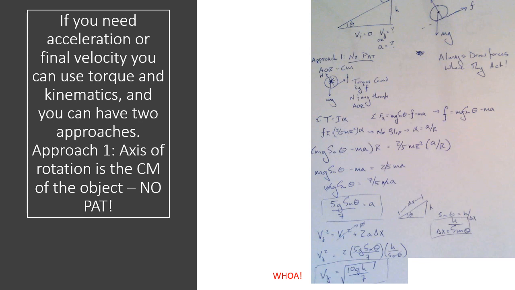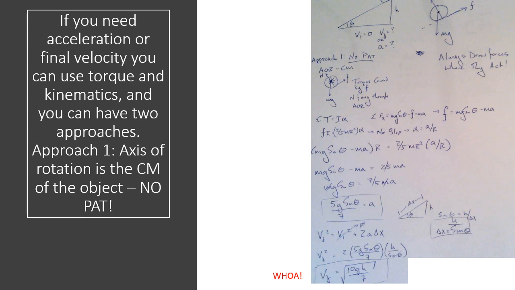And this is a place where students, if they haven't practiced enough, start to get confused. Because when you're talking about rotation, you say, oh, well, things are going through the axis of rotation, or things are not. So when we look at torque, we know that normal and weight are going through the axis of rotation, so they don't count for torque. But when we're looking at translation, we don't care where the force acts from, we just care in what direction it acts.